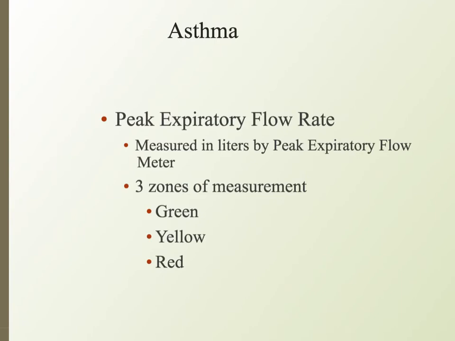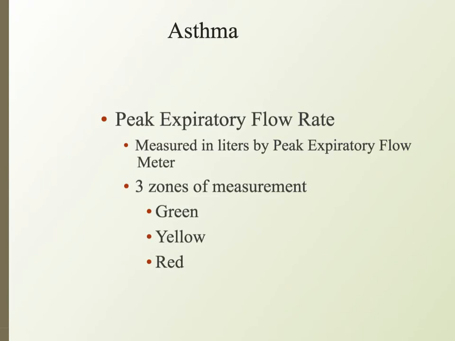And whichever is the highest reading, that's the number that we're going to use as their best control. And then doctors usually have a goal for age and different things like that a patient should be able to do.